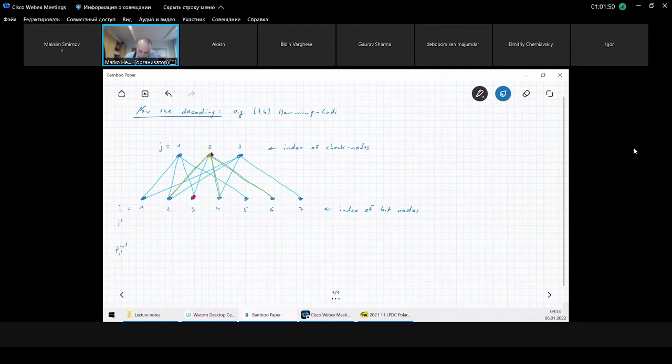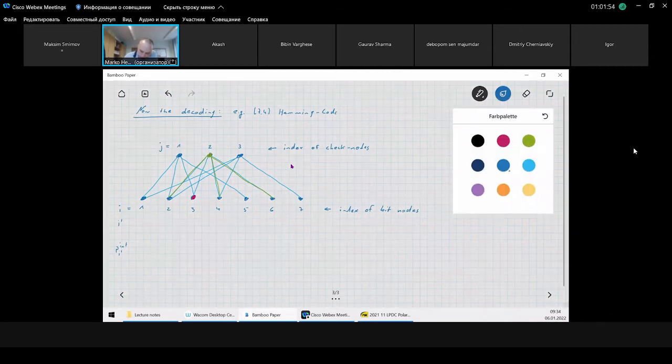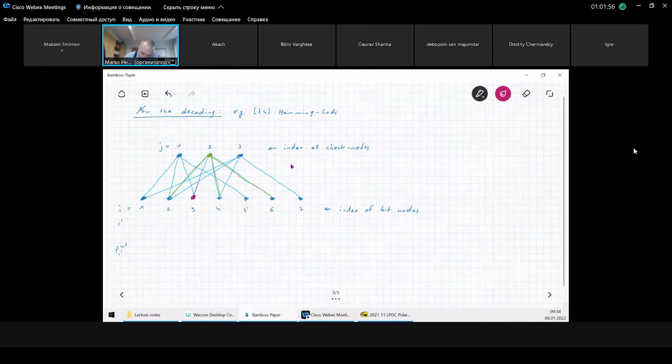So at the end, the sum of all the bits linked to this check node must be 0. And I can use this condition to get information on this observation 3.